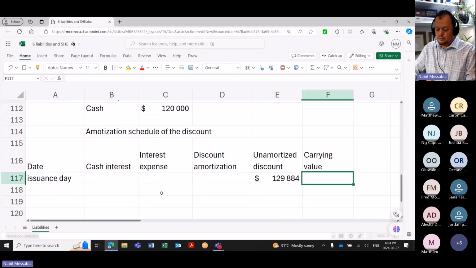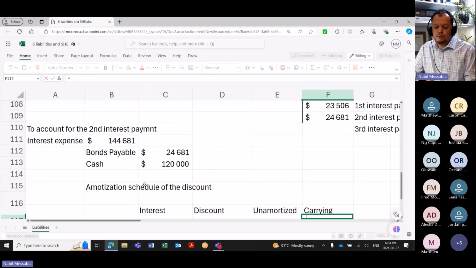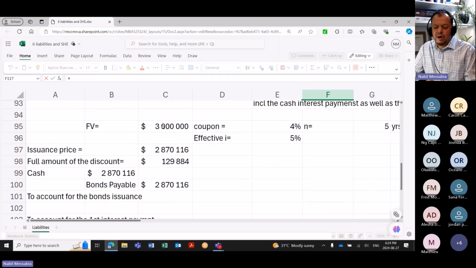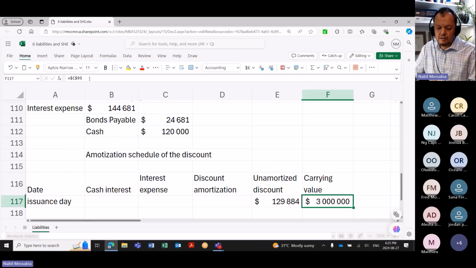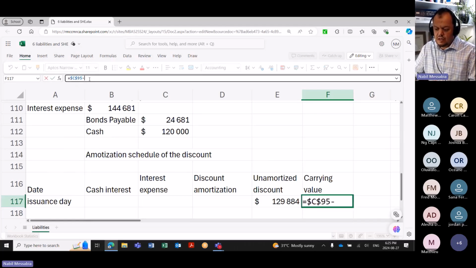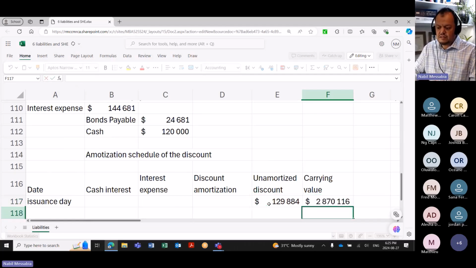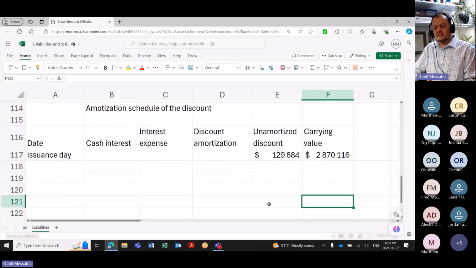The carrying value is always equal to the par value, the 3 million, minus the unamortized discount, which gives the issuance price, 2,160,000.